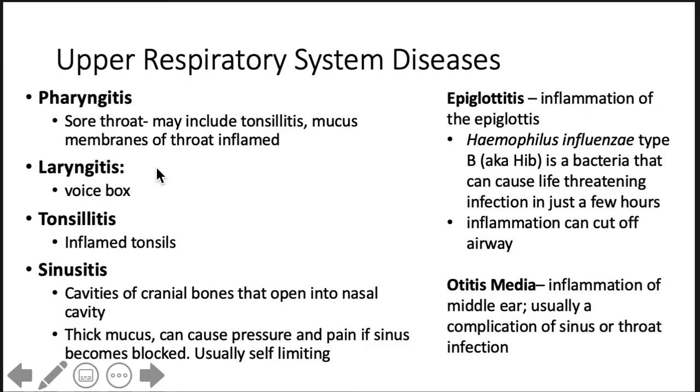Respiratory infections overall are the most common of all types of infections, and that's not too surprising given that you're putting upper and lower respiratory into one category, and the air, as we already learned, is full of microbes, bacteria, viruses, fungi, everything, you name it, and we are constantly breathing it.